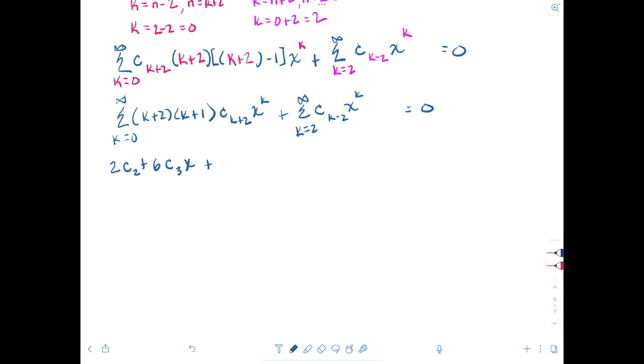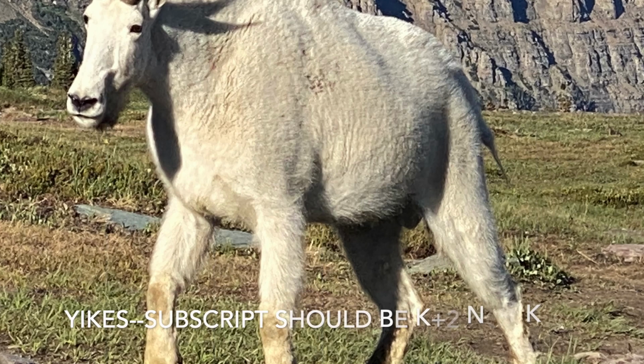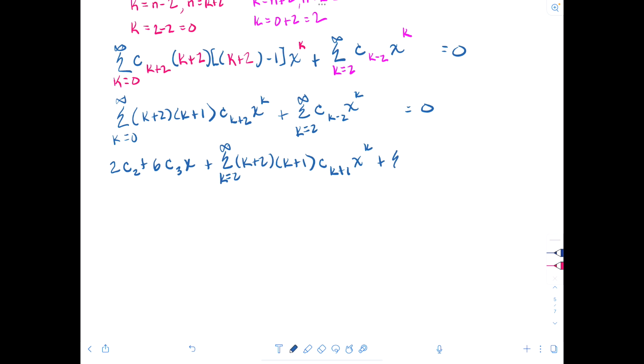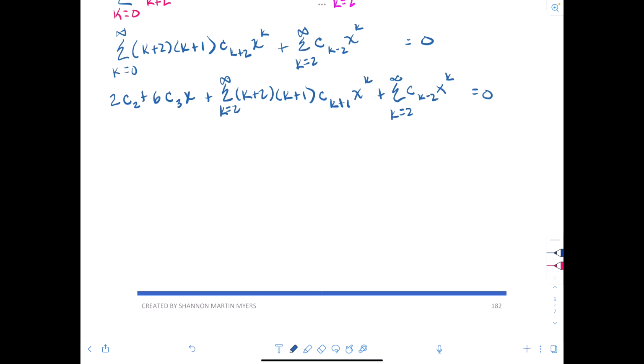And then plus the summation as k goes from 2 to infinity of k plus 2 times k plus 1 times c sub k plus 2 x to the k. And then plus the summation as k goes from 2 to infinity, c sub k minus 2 x to the k, all equal to 0. Now we need to get one happy summation now that everything is squared away.